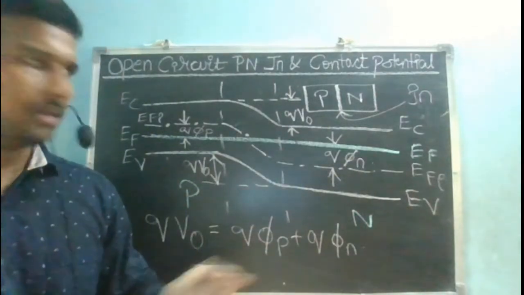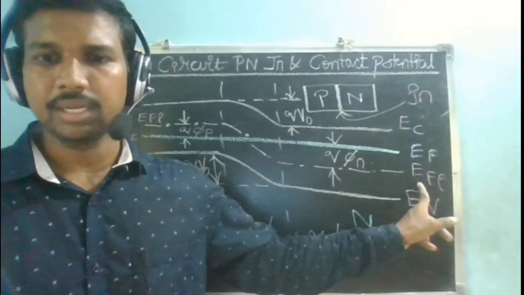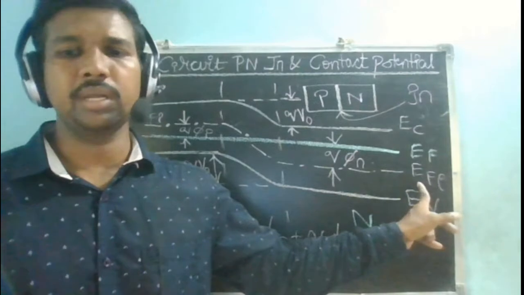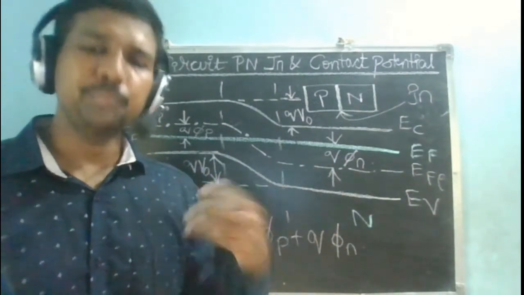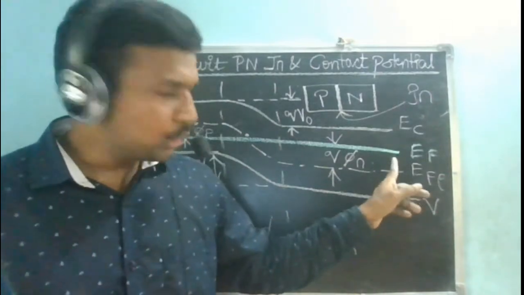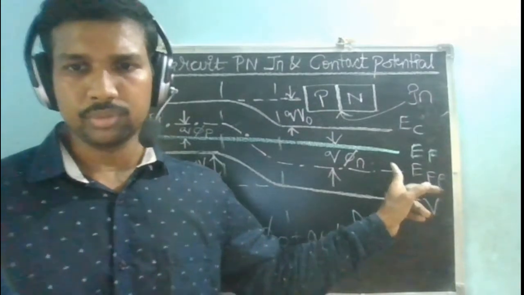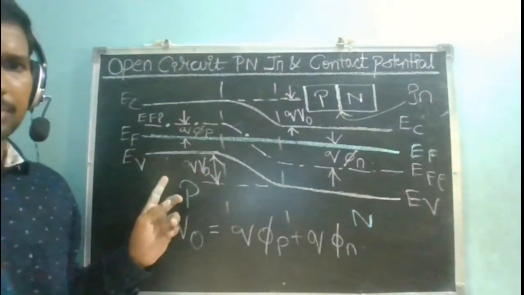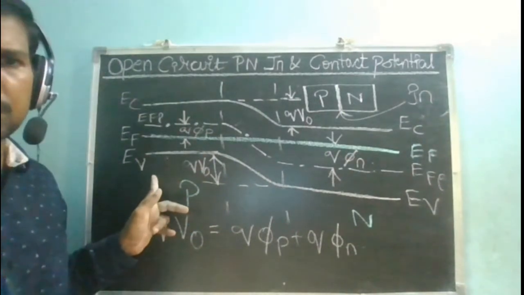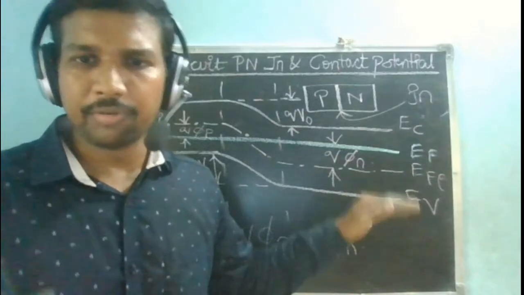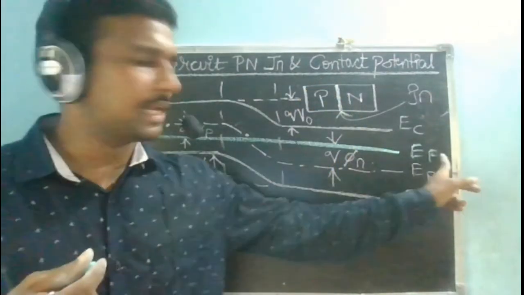Intrinsic semiconductor means a pure semiconductor, no impurities added. When impurities are added, the new Fermi energy level is in N type because of adding donor atoms, and in P type because of adding acceptor atoms. In P type, the Fermi level moves away from the center towards EV. In N type, it moves away from the center towards EC. That is the difference between EFi and EF.